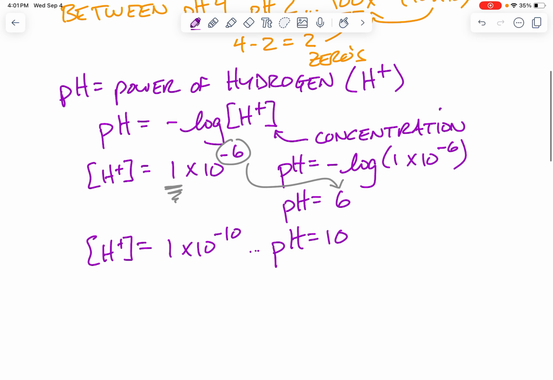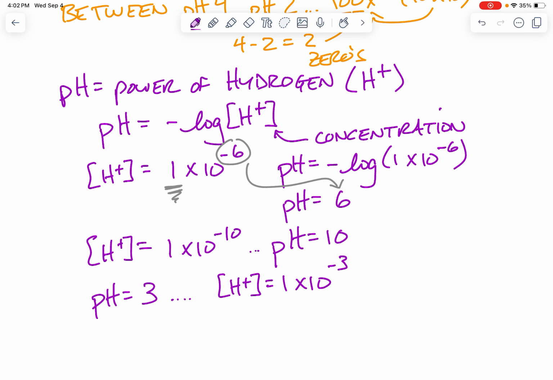We can also work backwards. If I know that the pH is equal to 3, for instance, I can calculate that the concentration of my hydrogen ions is 1 times 10 to the minus 3.